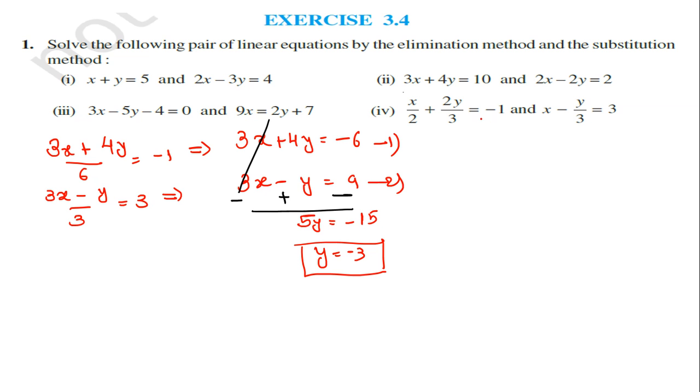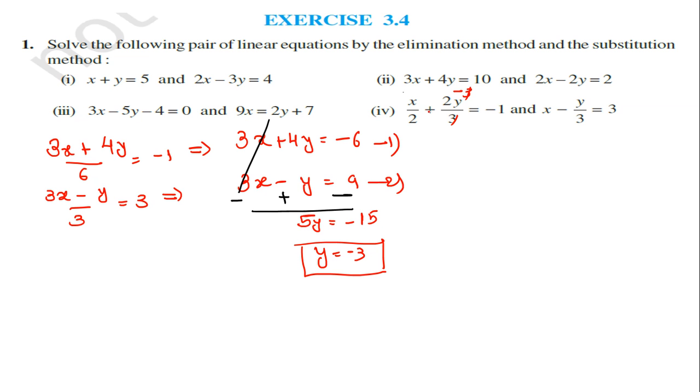The original equation is always the first one, this is the second one, so these are the third and fourth. Out of four equations, you can substitute the value anywhere. So you will get the value of x here. I am virtually substituting this value, just calculating orally. So y is equal to minus 3. If I write minus 3 here, the 3 and 3 will cancel and this will become minus 2.